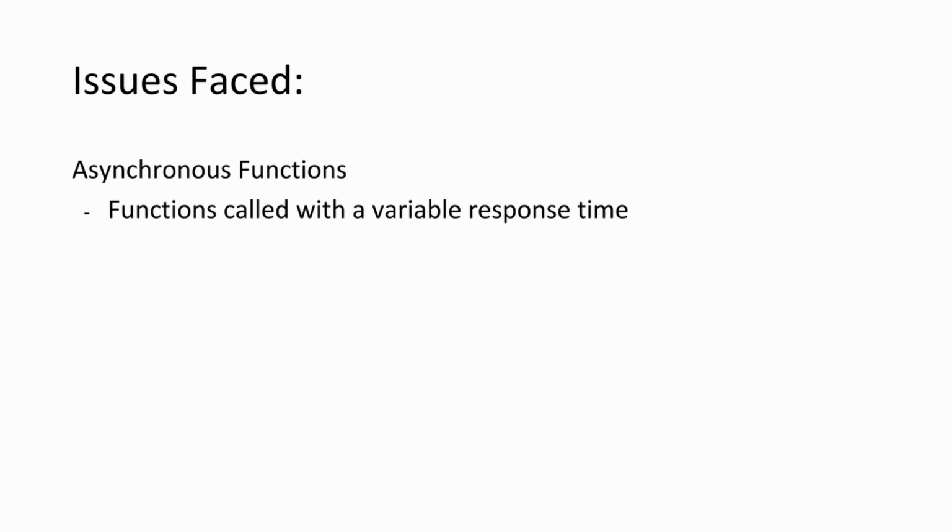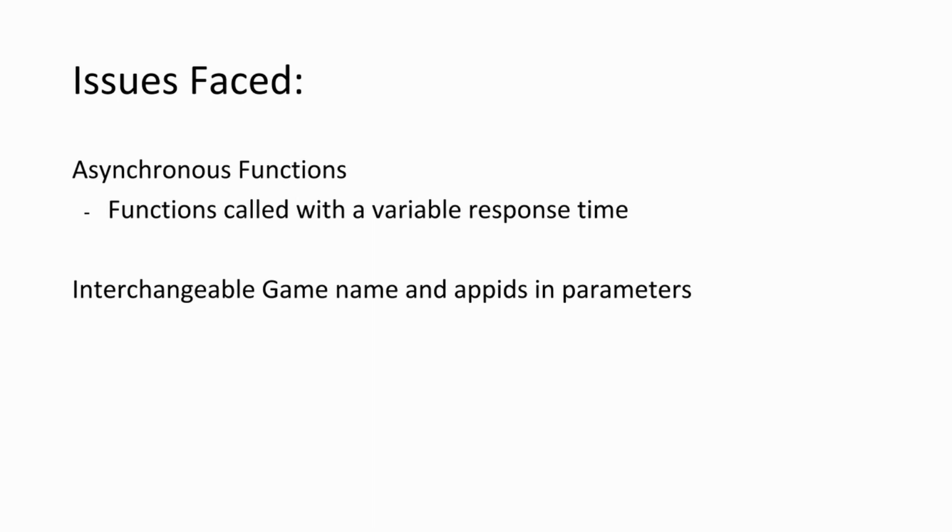In our case, we were trying to implement the game function, which would print out information about the game in a certain order. The problem is that asynchronous functions can happen at any time, so we needed to delay the functions in order to get them to display in the right order.